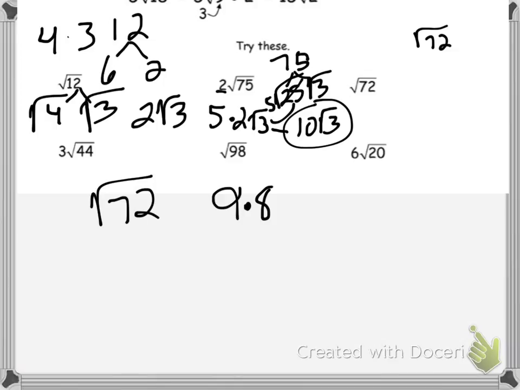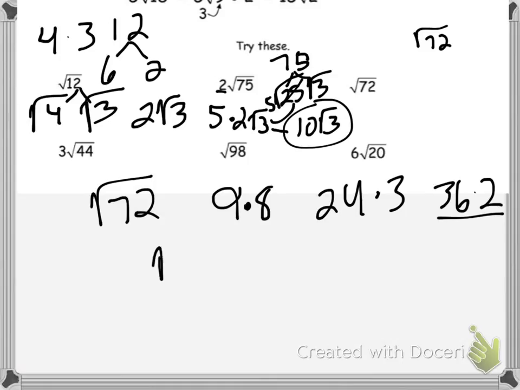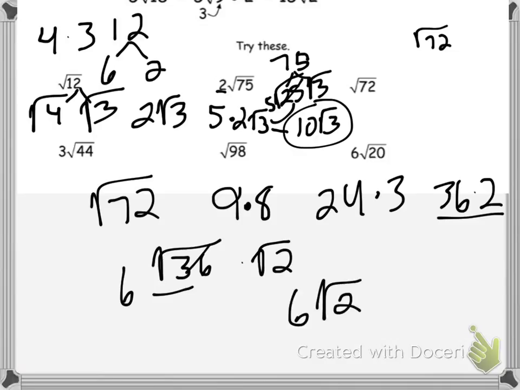We know 24 times 3, and 36 times 2. Now 36 times 2 is my largest perfect square. So I've got the square root of 36 times the square root of 2. Square root of 36 is 6. So my solution will be 6 on the square root of 2.